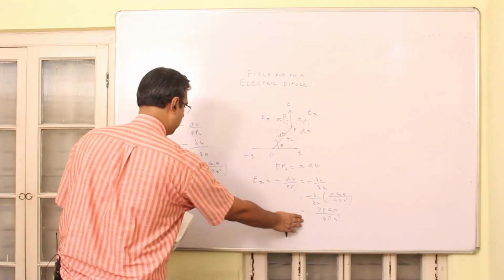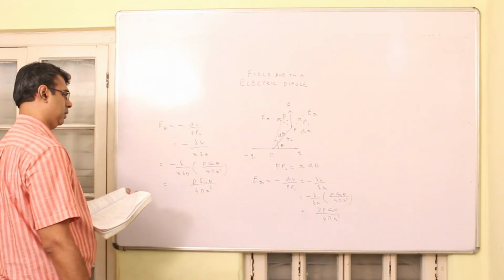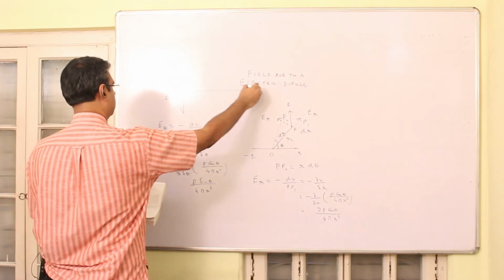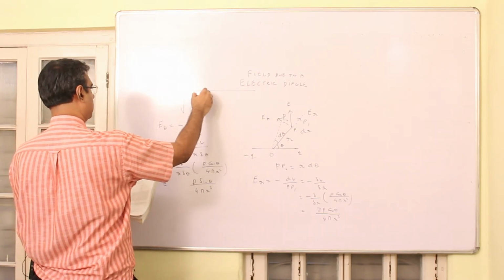Now we know ER, we know E theta, so we can combine them and find out E. So E will be the resultant of both of them.